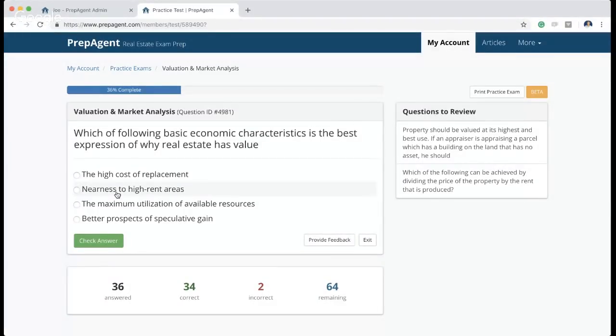Which of the following basic economic characteristics is a best expression of why real estate is valued?